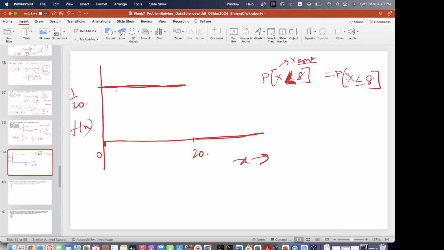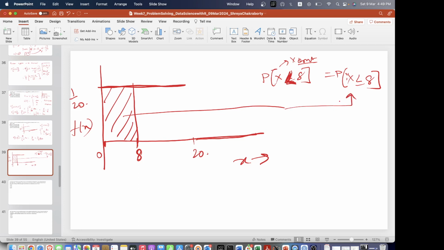This means that till 8, whatever is the area under this curve, this is actually your probability x less than or equal to 8.